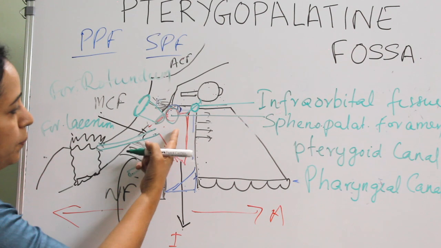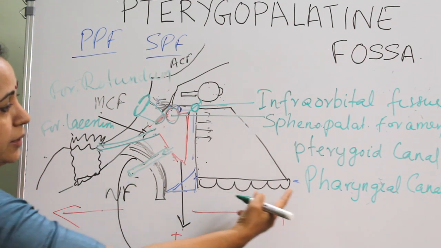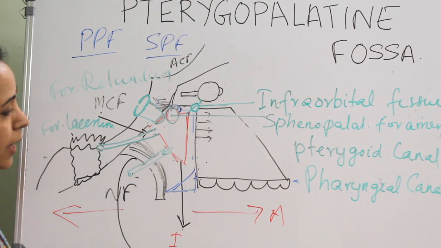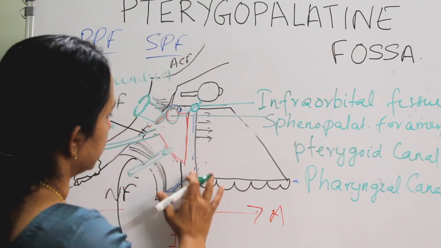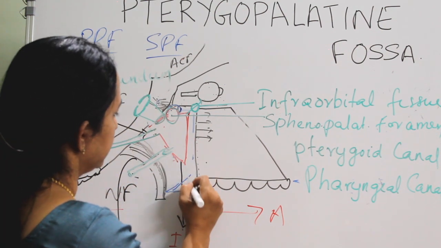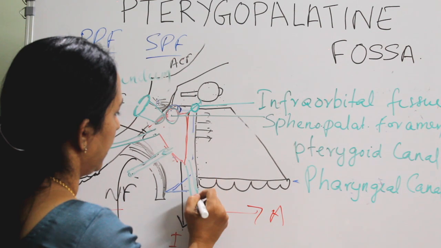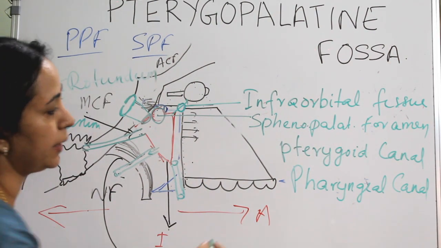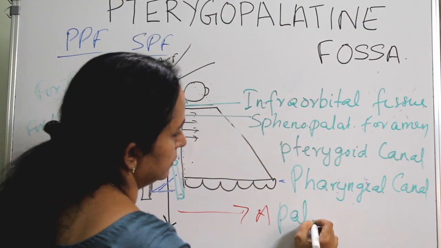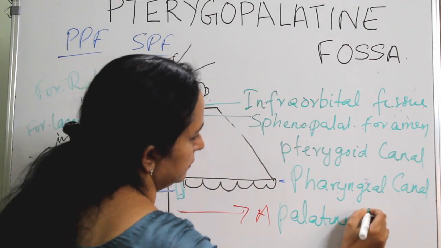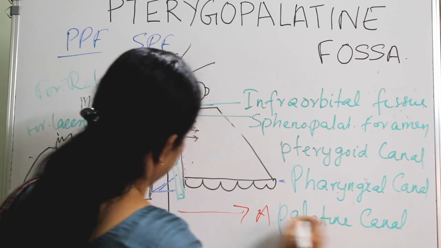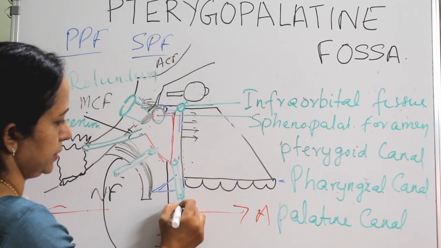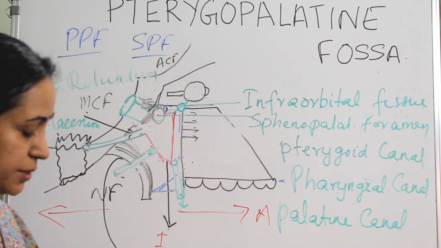So posteriorly and inferiorly goes the pharyngeal canal, and directly downwards it goes into the oral cavity, and is called the greater palatine canal, or simply palatine canal.